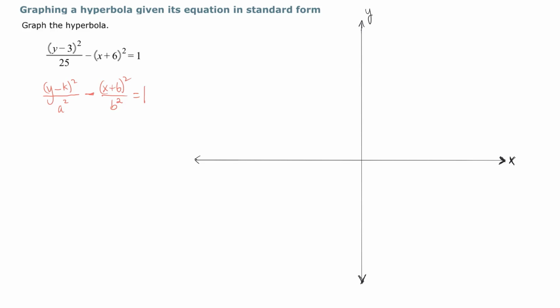I'm sorry, I didn't mean to write x plus 6. I'm going to write the general standard form. So let's label the center h, k, which equals negative 6, 3. And then we have our a's. A is equal to 5, and b is equal to 1.